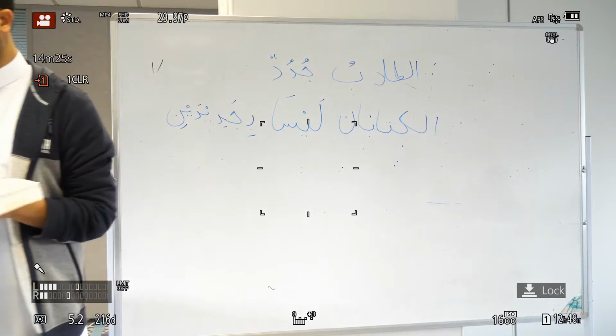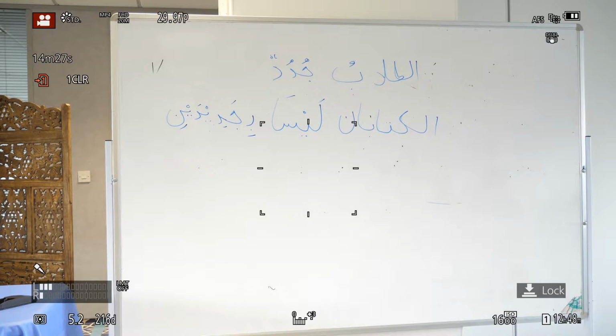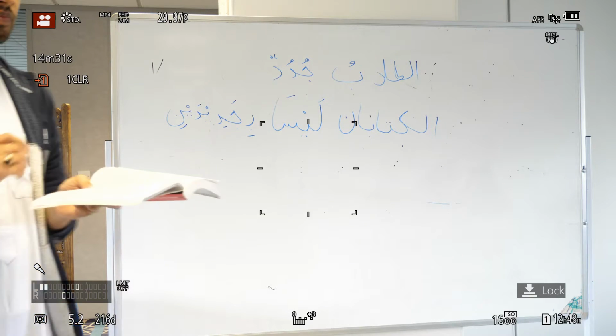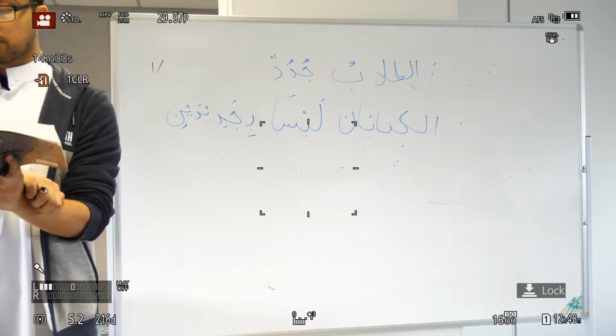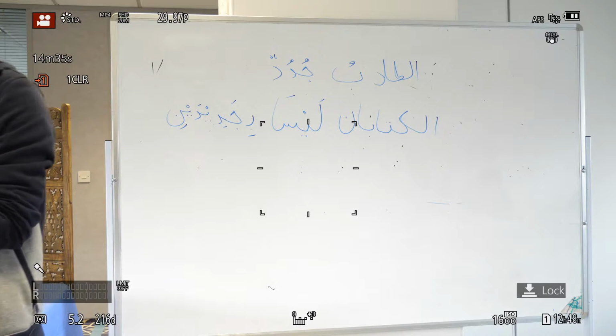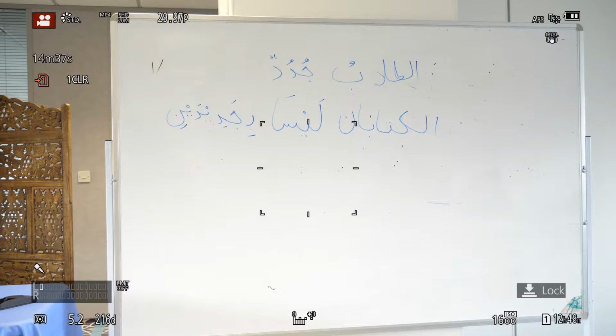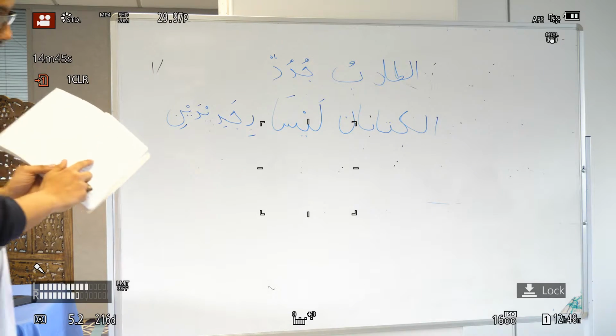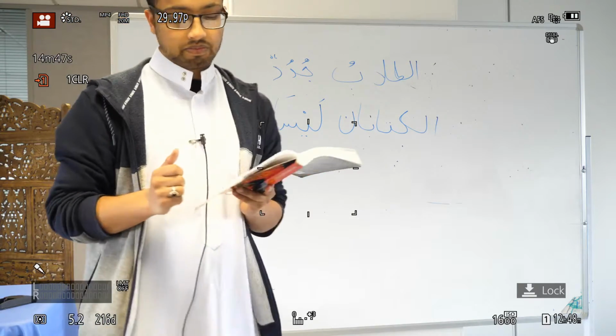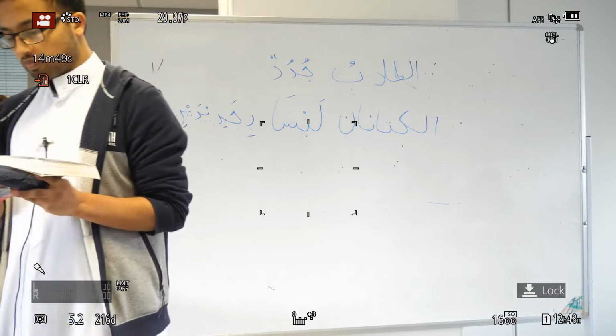Okay, so Sister Saadiya, could you do the second one? At-tullabu sigharun. Page number 14. At-tullabu sigharun. So give me the meaning with it as well. Small or young. So do what it says there and then do the other version as well.